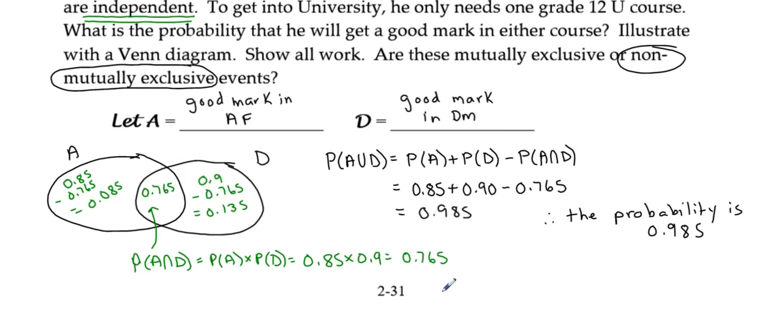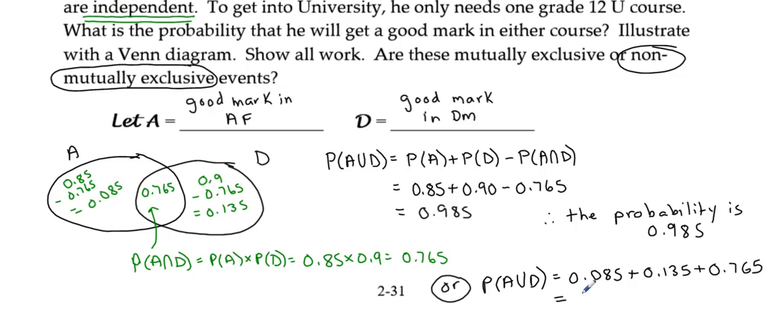So another way you could have answered this question rather than using the formula is fill out the Venn diagram, and then the probability of getting a good mark in one or the other is 0.085, getting a good mark in advanced functions only, plus 0.135, which is the probability of getting a good mark in data management only, plus, remember, or considers both as well, getting a good mark in both.